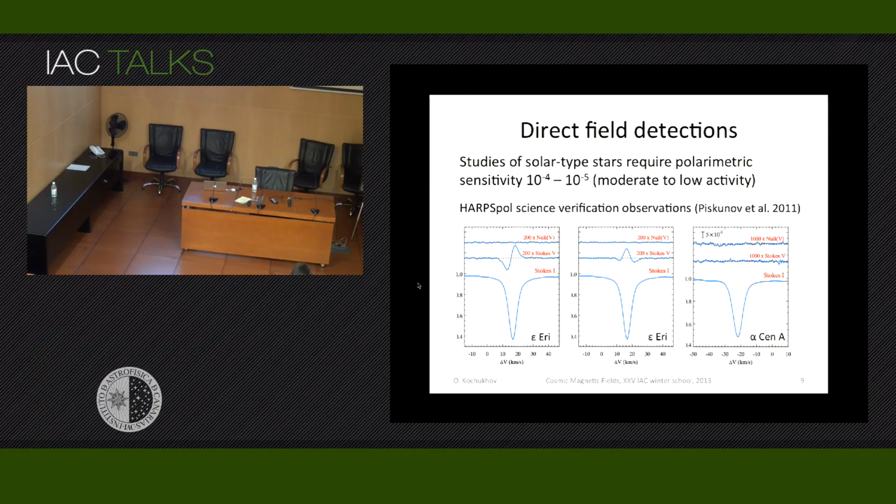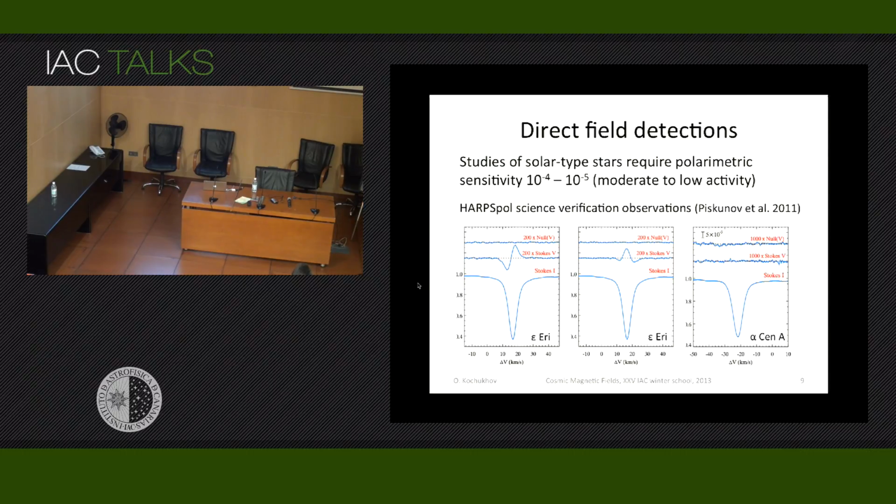And what is plotted here is the Stokes I LSD profile and the Stokes V LSD profile at two different observing nights, and it is enhanced by a factor of 200 relative to Stokes I. And the top spectrum, which doesn't show anything, is this diagnostic null profile that, as I mentioned, we usually obtain as a byproduct of getting this sequence of spectropolarimetric observations. So the flatness of the diagnostic null spectrum is telling us that there are no spurious polarization signatures.